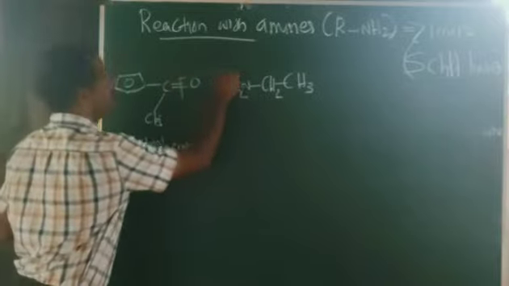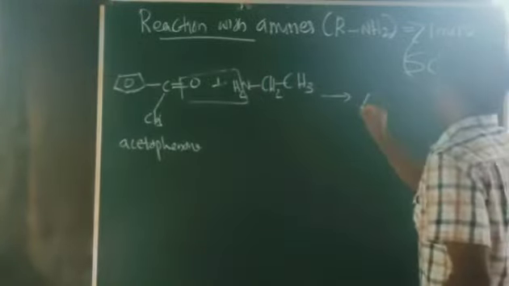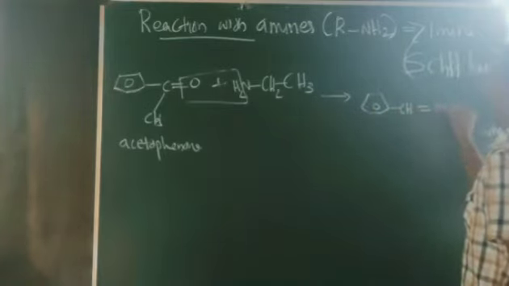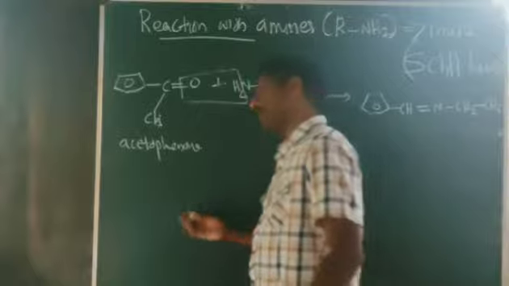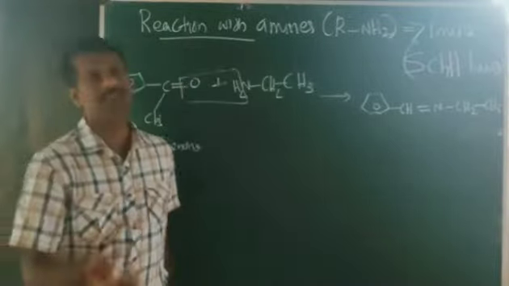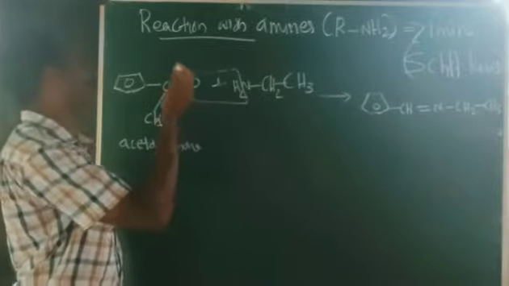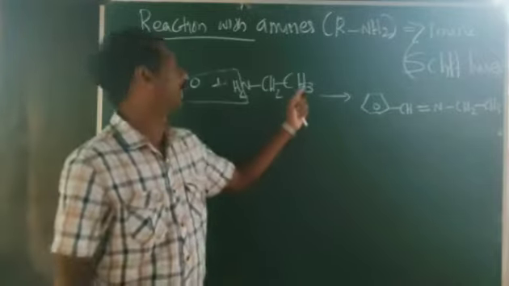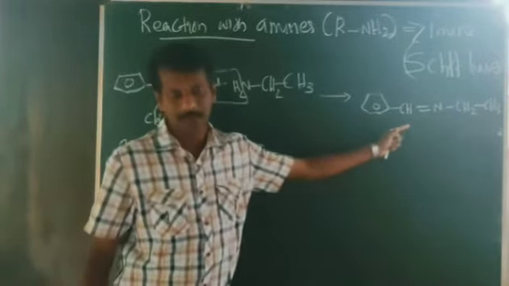Again H2 is eliminated, and we get the ring, then C=N-CH2CH3. We get this Schiff's base, and similarly you can take any example in order to get a Schiff's base. Keep it in mind, aldehyde or ketone reacting with amines will form Schiff's base. Clear? Okay.